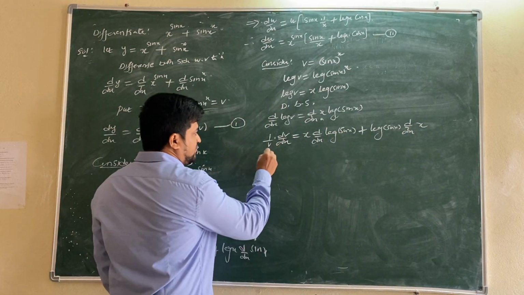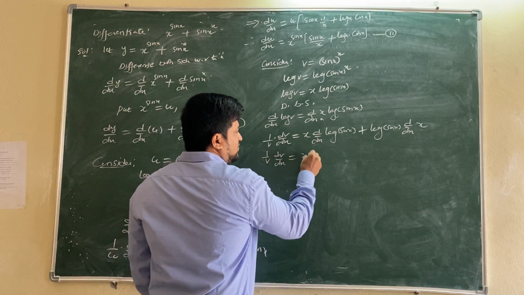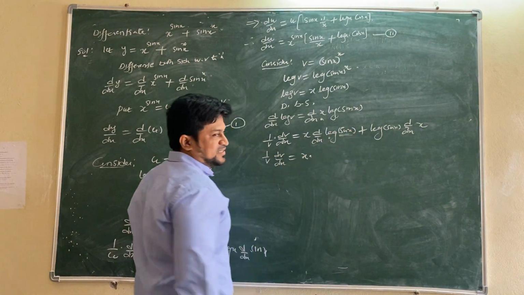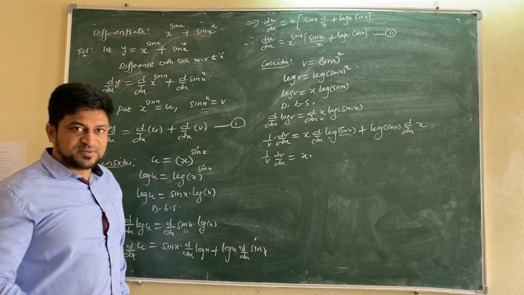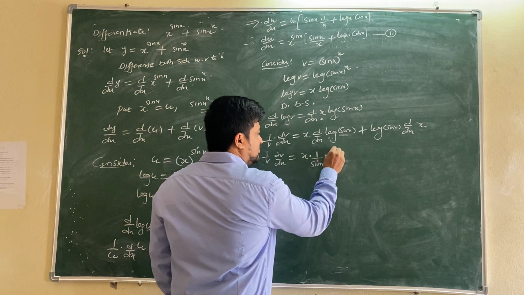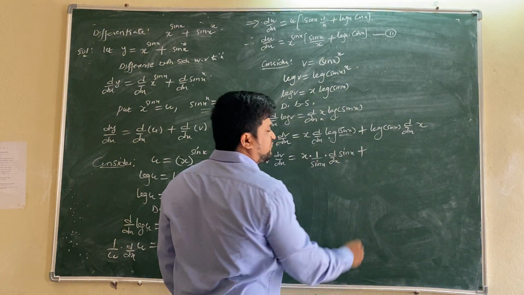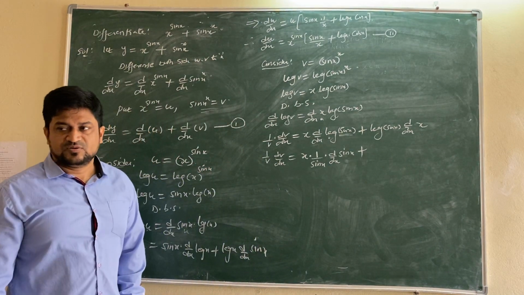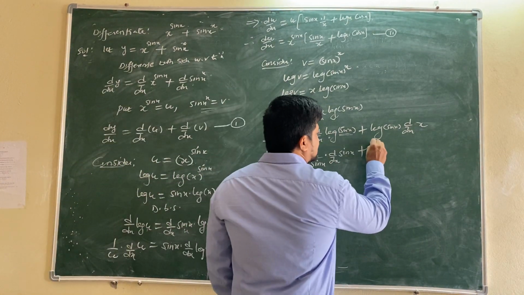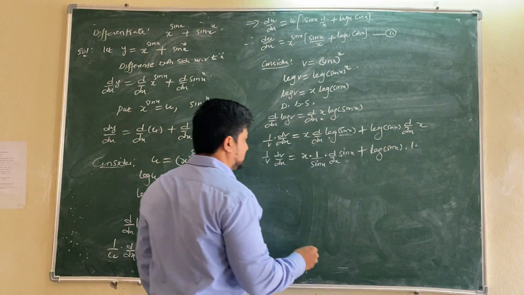Now this will be 1 by v dv by dx equals x into log, consider the bracket part as x, so we write 1 by sin x into d by dx of sin x. Once again, anywhere you find an inner function, you will do the same thing. Then log of sin x, d by dx of x is 1.